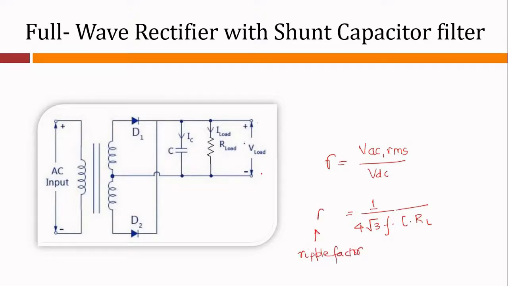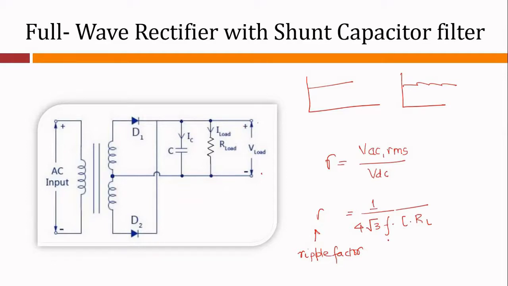Typically what is expected of this power supply circuit is that we have a constant value of VDC. But if I mount this assembly of circuit, then what we get is an output of this nature. So you see here we have an unwanted signal, that is the ripple signal, which has to be minimized, and these ripples can be minimized by using this equation, which says that R equals 1 upon 4 root 3 F C RL.